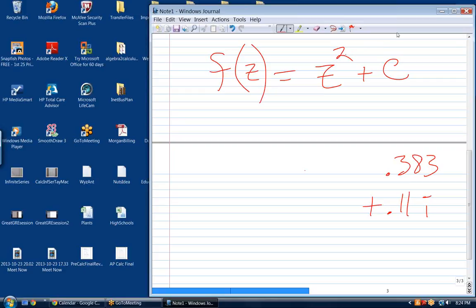Notice this function. C is positive, because z squared is always going to be positive. So it's kind of like the x squared plus 1 that I was talking about.